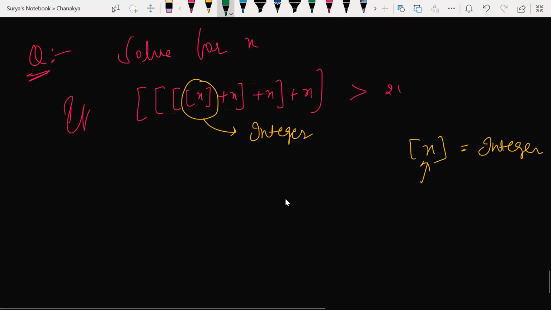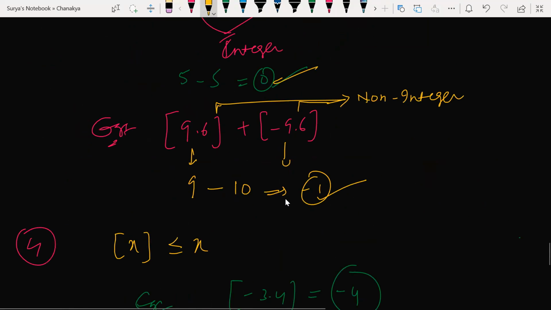Now if I take that, can I split that? Can I take that integer outside step x? Yes, I took it outside. So what are you left with? Correct? You understood my point?